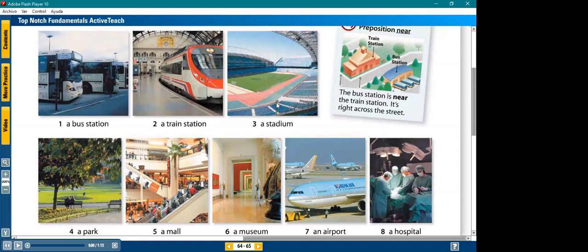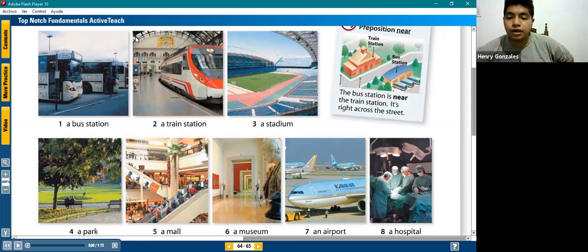Number 6, a museum. Number 7, an airport. Airport. Yeah, that is the right pronunciation.